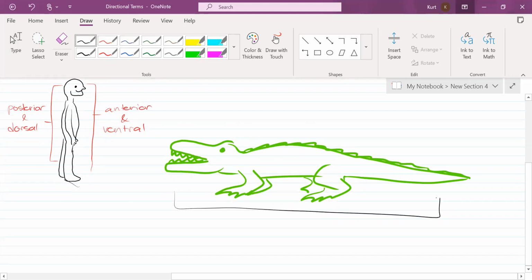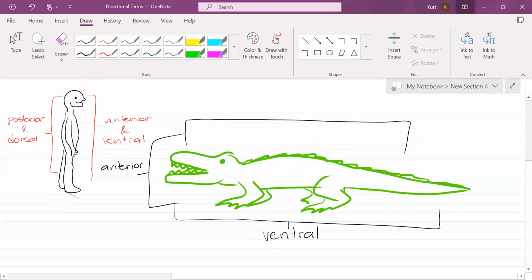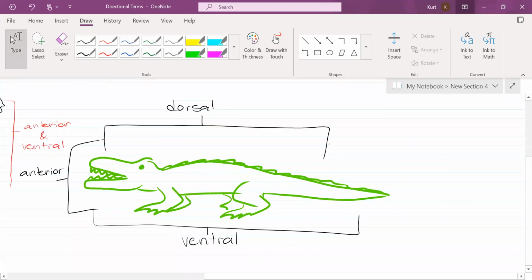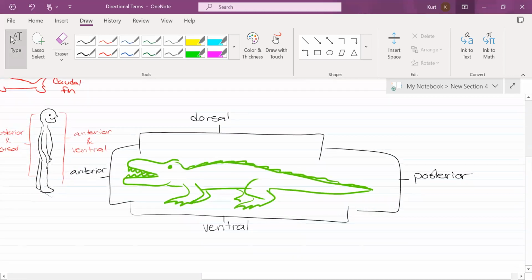What is that surface? That is the ventral surface. Very good. What is that surface? That is the anterior. What is this? That is the dorsal surface, the back. And then back here, that is posterior. So as you guys can see, it's different depending on what type of animal you are looking at.